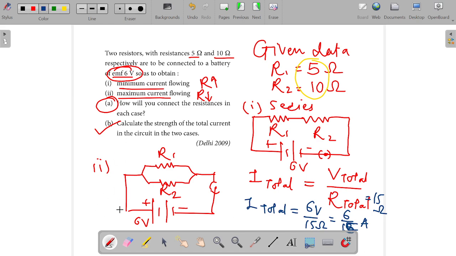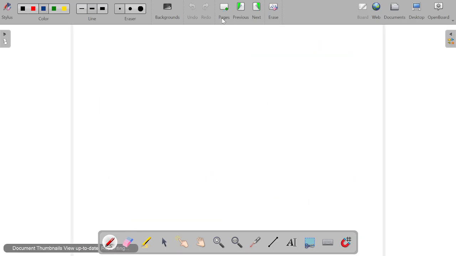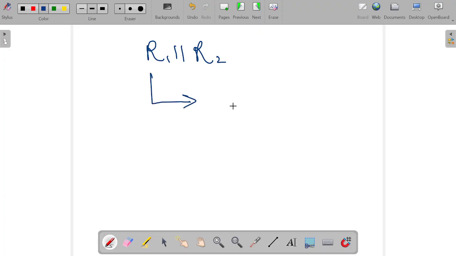Now in the second case, if you check, this R1 and R2 are in parallel, and I suggest a very simple method. When any two resistors are connected in parallel, if you want a direct answer, just do this.